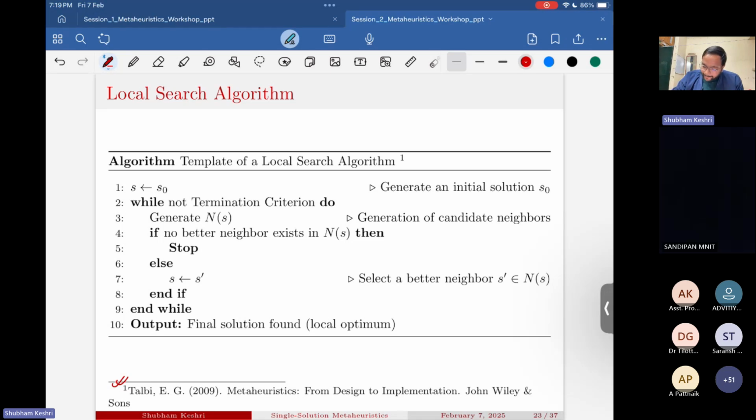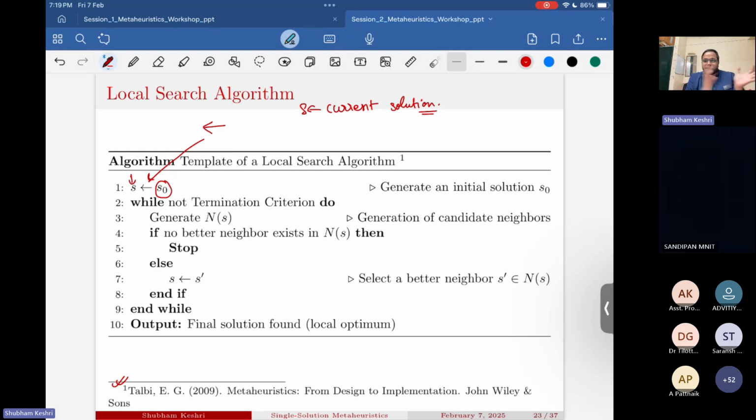Okay. Before that, suppose we are starting with a solution S naught. S represents the current solution. What is current solution? In single solution metaheuristic, we stick with a solution that is known as current solution. Initially, this arrow implies that we are storing the value on the right hand side to the left hand side.